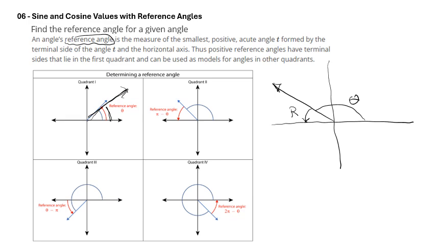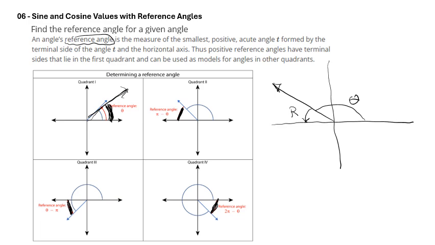Sorry, I'm telling you what we were supposed to memorize. All right, so if you're in the first quadrant, again, this would be your reference angle. If you're in the second quadrant, like I was in the image there, this would be your reference angle. Third quadrant, this would be your reference angle. Fourth quadrant, this would be your reference angle.